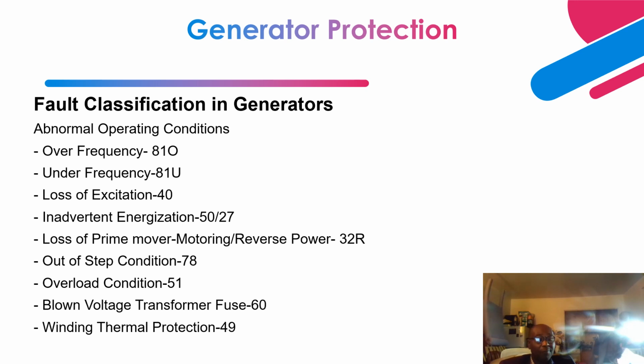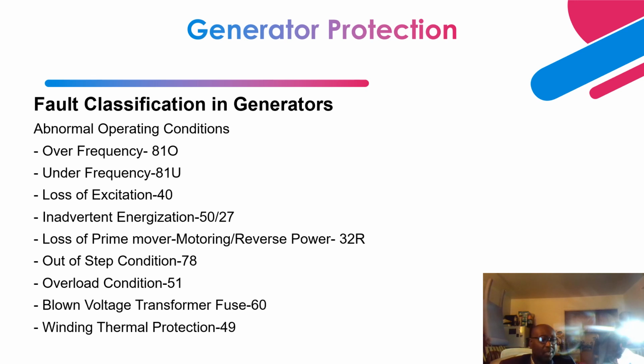So we have relays that are able to detect the flow of power in the reverse direction and prevent the generator from motoring. Because if the generator motors for a long period of time, it's going to cause heating of the winding, in both the stator and the rotor, and can result in failure of the generator.